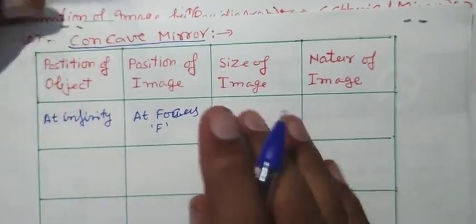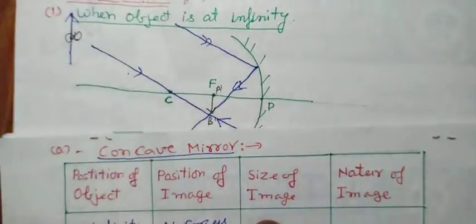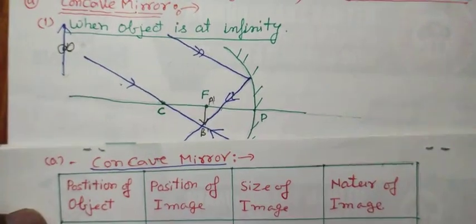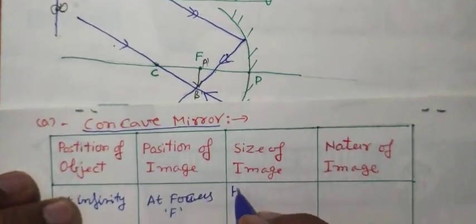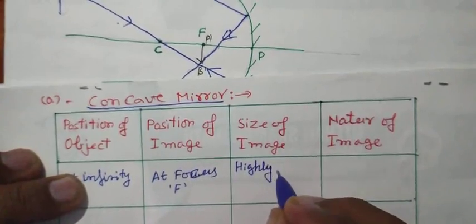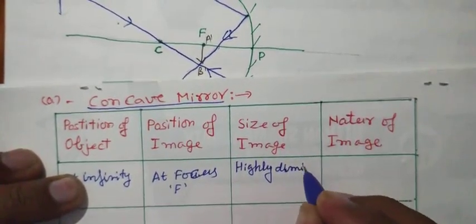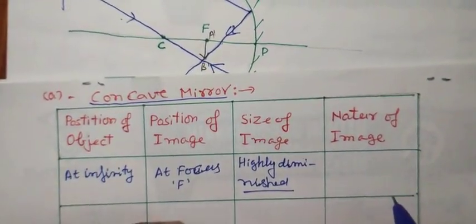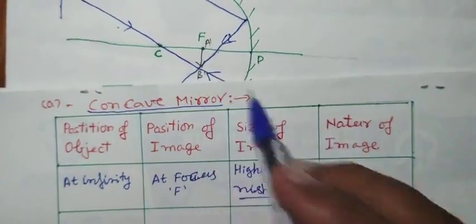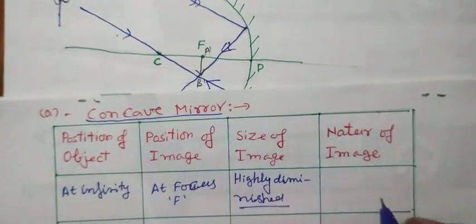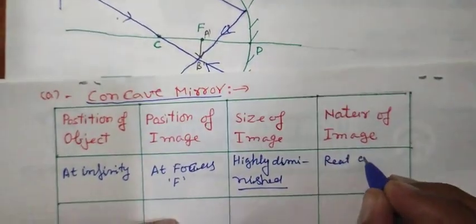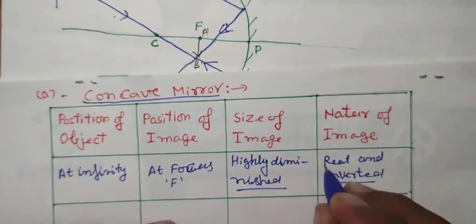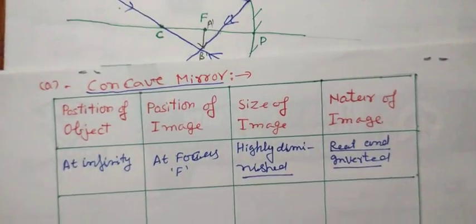See here, image is formed at a focus, very small in size as compared to the object, because the object is at infinity, so it is known as highly diminished, very small in size. And nature, see, an inverted image is formed, and the image is real, so it is called real and inverted image. So see the characteristic here in this case.